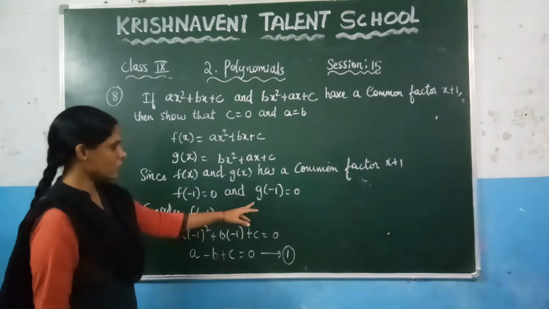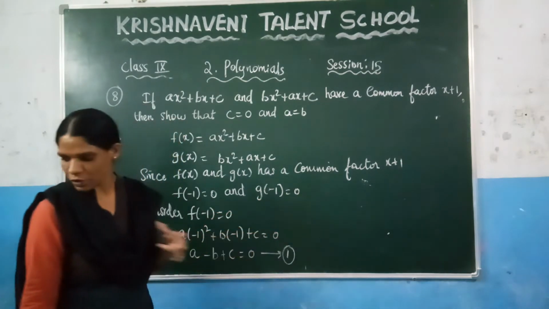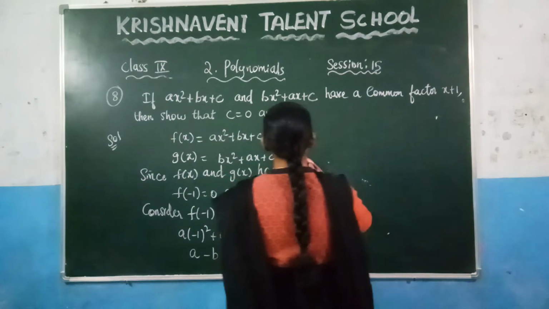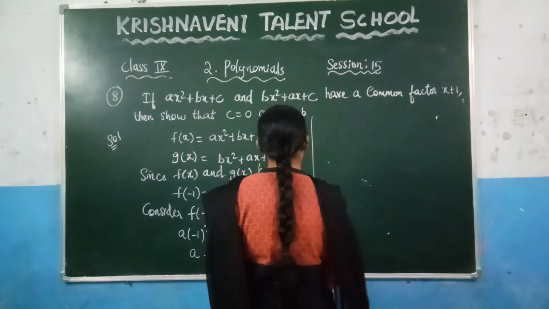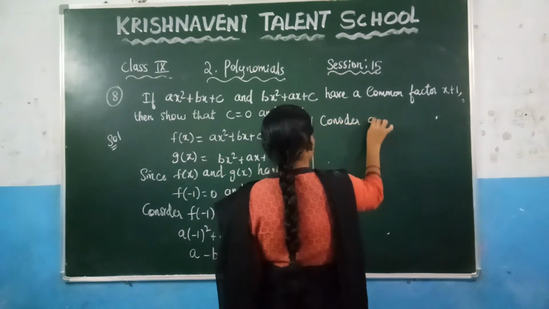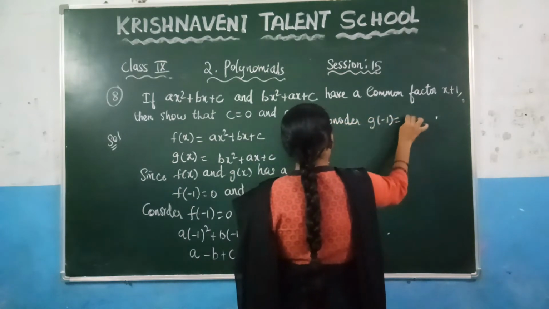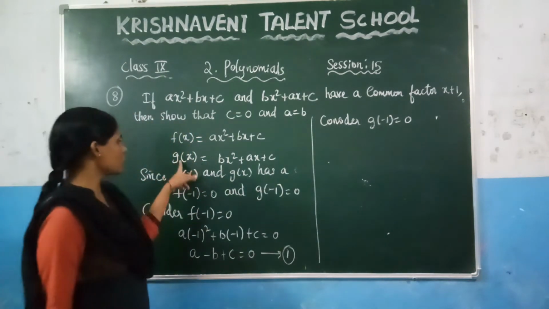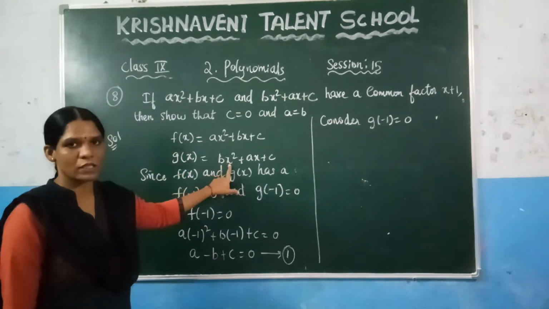Now take the other condition, which is g of minus 1 is equal to 0. If you take that condition, you will get one more equation. What is the meaning of g of minus 1? That means in place of x, in the polynomial g of x, you need to substitute minus 1.